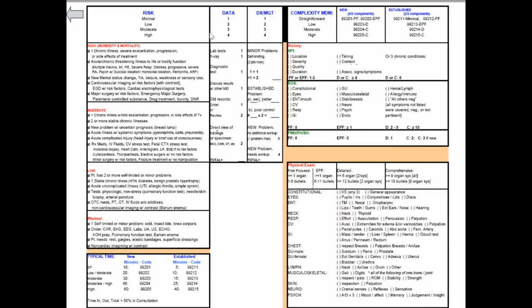And so just look down on the little worksheet where it says moderate, and you'll see RX medications. So that prescription medicine is there, you can circle it if you want to, but that just helps you remember that risk is really easy if your patient is on prescription medicine because it's an automatic moderate risk.